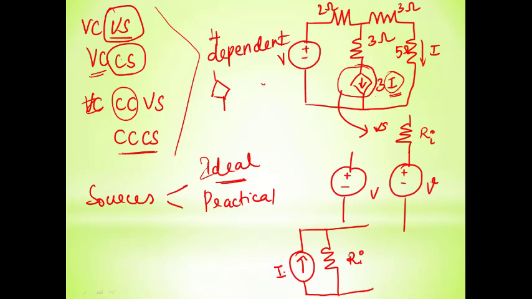This is the current source. So to change the practical current source to an ideal source, your Ri will be infinite for an ideal source, whereas here this Ri will be 0 for the ideal voltage source. So sources, again, ideal source and practical source. Keep in mind, none of the sources will be ideal.